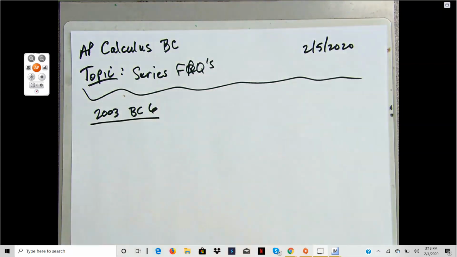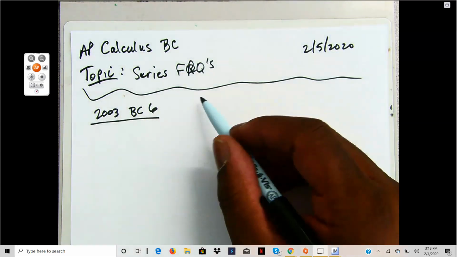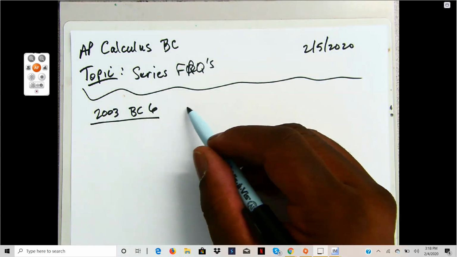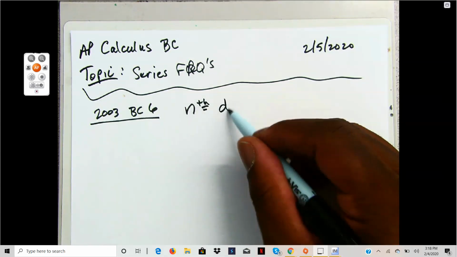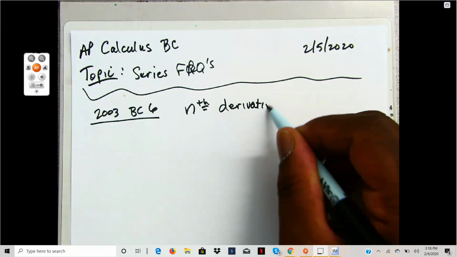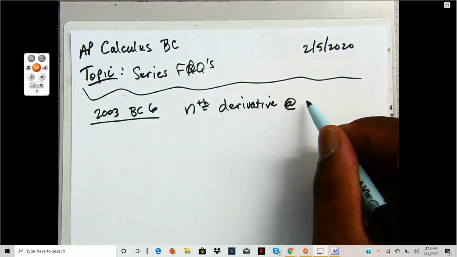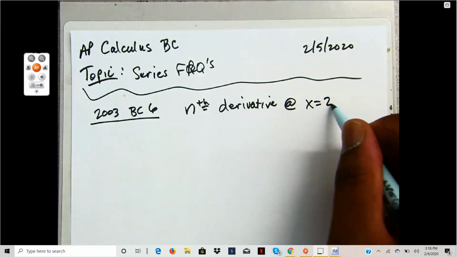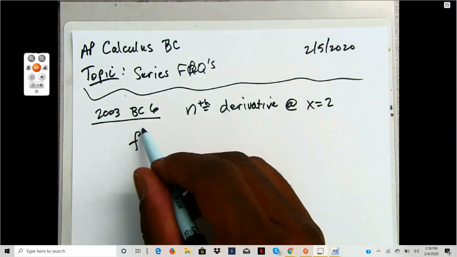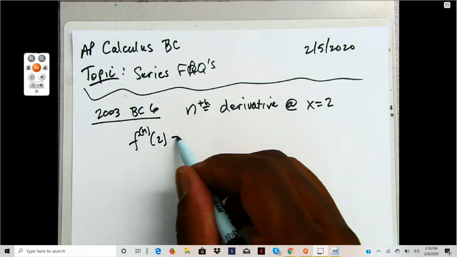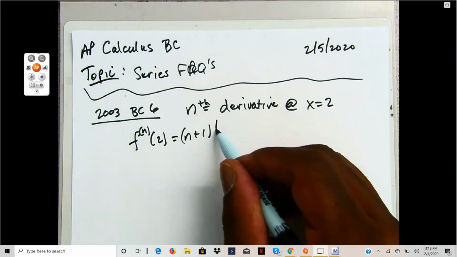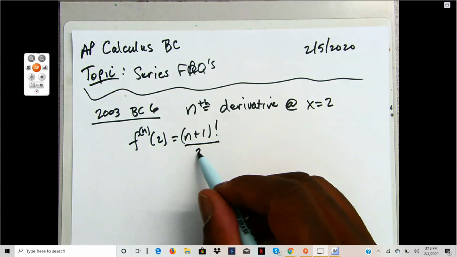Okay, so here's what's given. We are told that we actually have a rule to find the nth derivative. So our nth derivative at x equals 2 is n plus 1 factorial divided by 3 to the n.